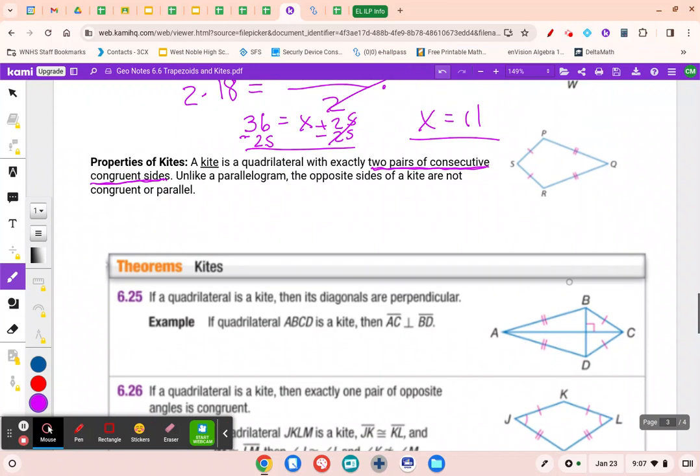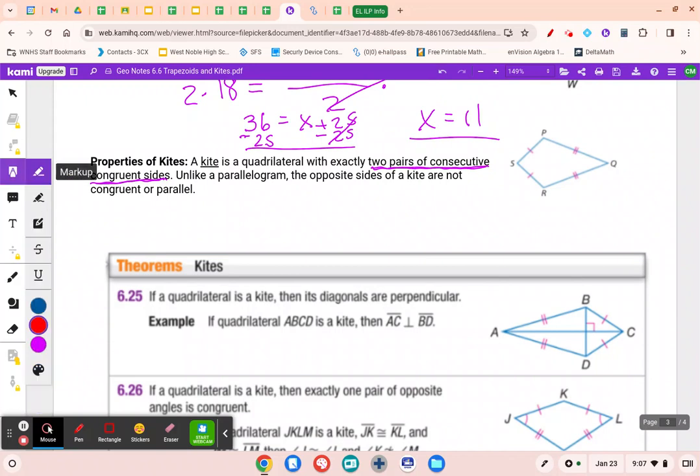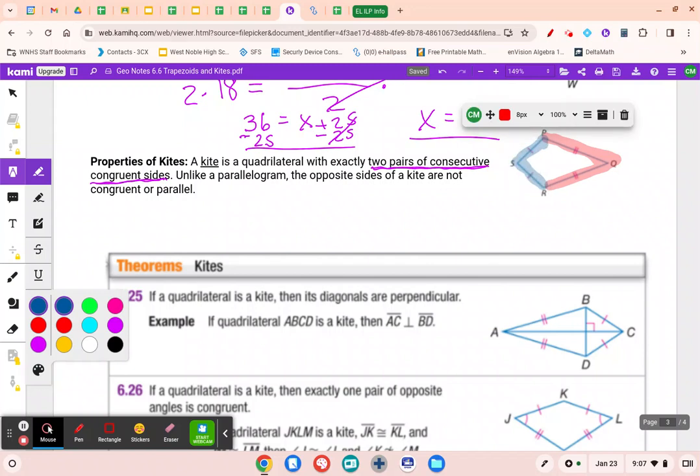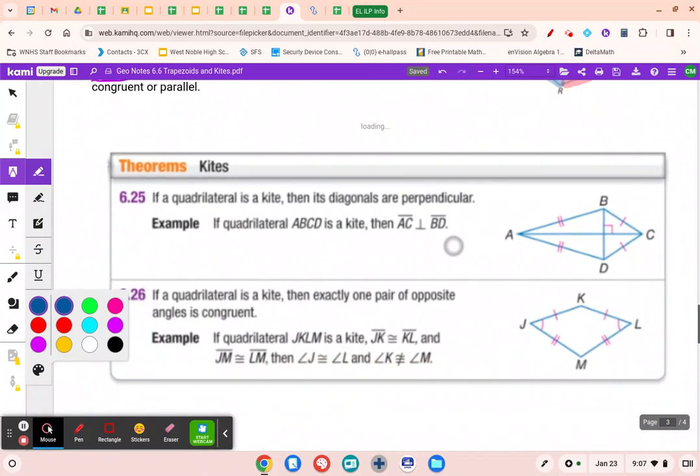So if you look here, you have consecutive sides congruent and another pair of consecutive sides congruent. So it says if a quadrilateral is a kite, then its diagonals are perpendicular. We've seen this before as well, but it's true also for a kite.